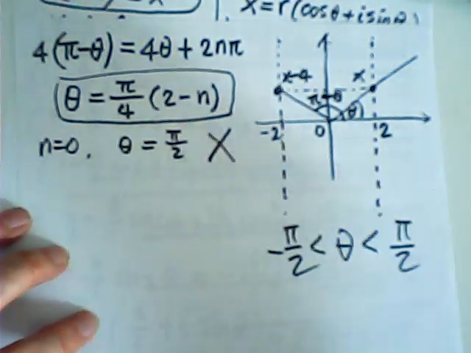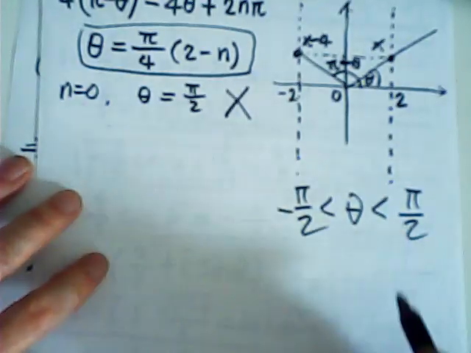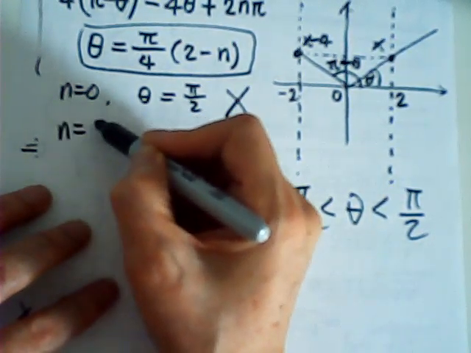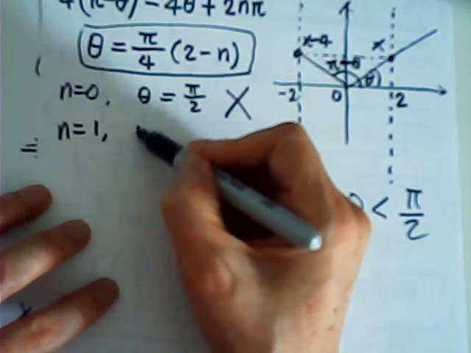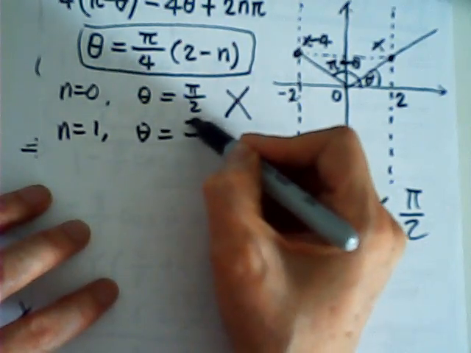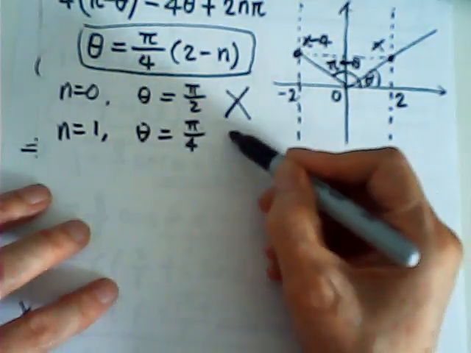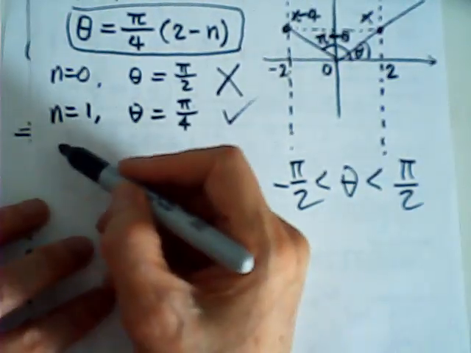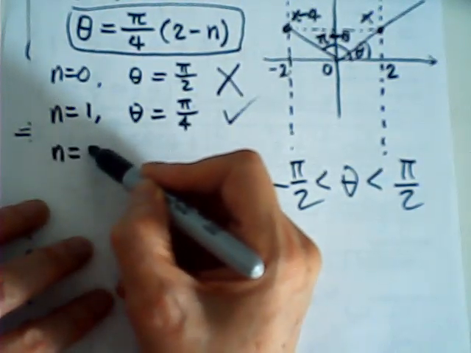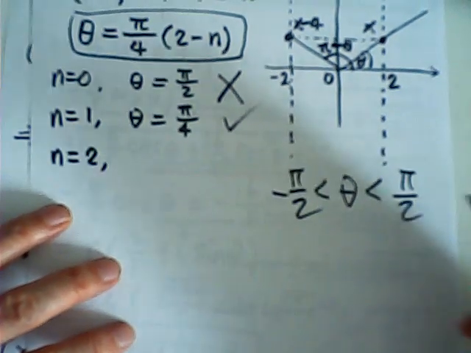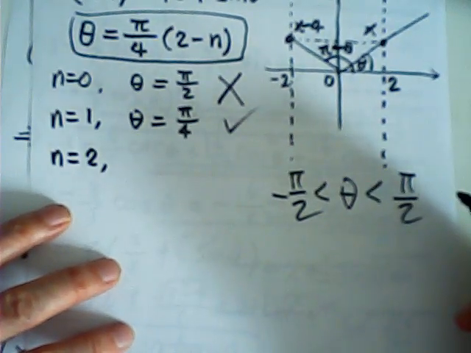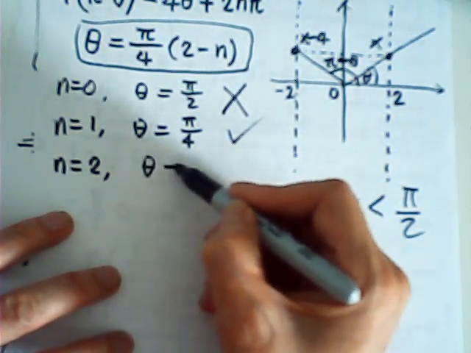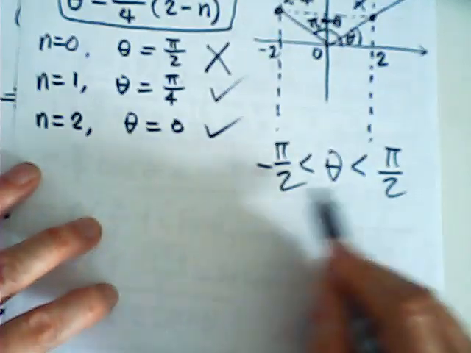Well, not good, because theta cannot be half pi. n equal to 1 is a quarter pi, right? Hey, that's good. Quarter pi is good. n equal to 2 and theta is 0, right? Well, that's good. 0 is good.